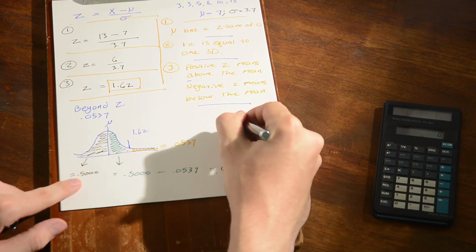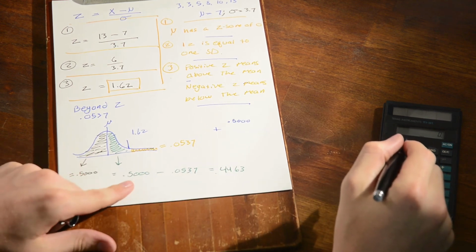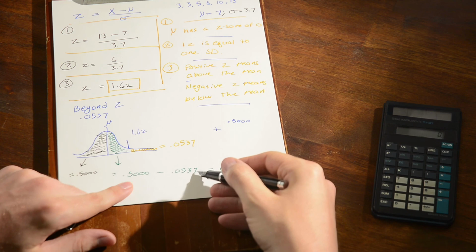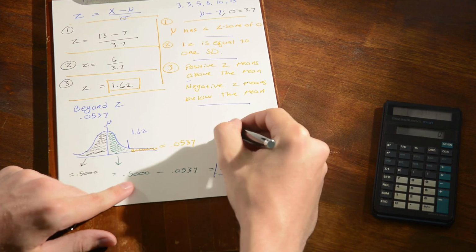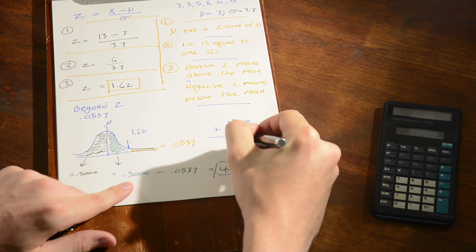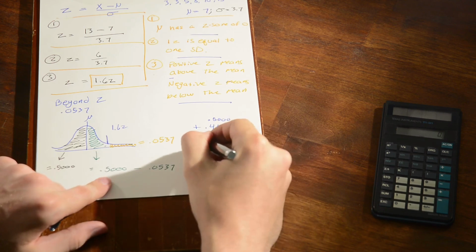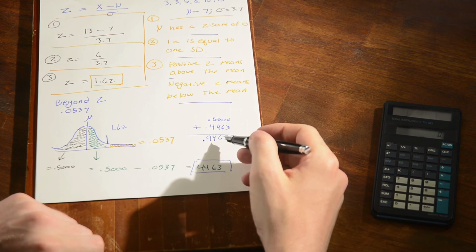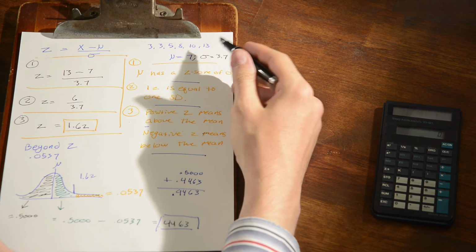So we have our 0.5000 plus the difference between the 0.5000 above the mean and the area that's beyond our z, which was our 0.4463. Move that up here, 0.4463, which tells us we have 0.9463. So that's the proportion of scores that a score of 13 is greater than in this example data set.